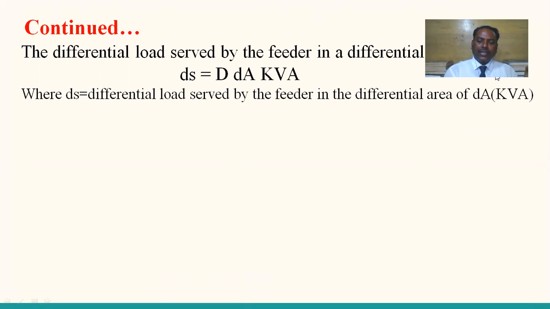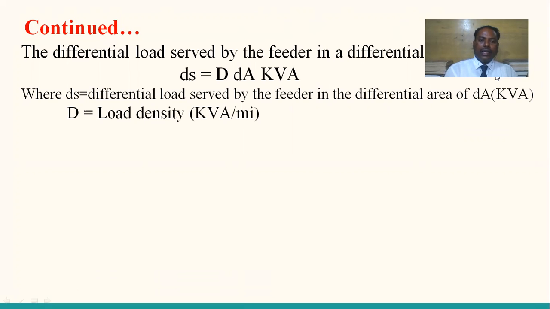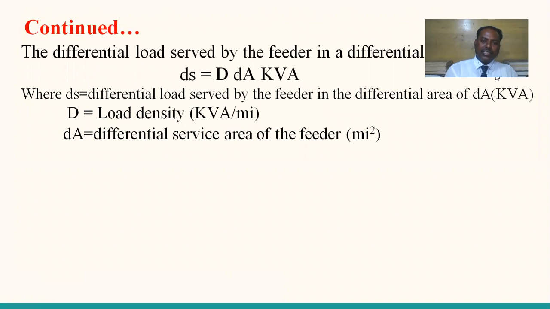Load is always measured in terms of kVA. Here d is the load density in kVA per square mile, and dA is the differential service area of the feeder in square miles.